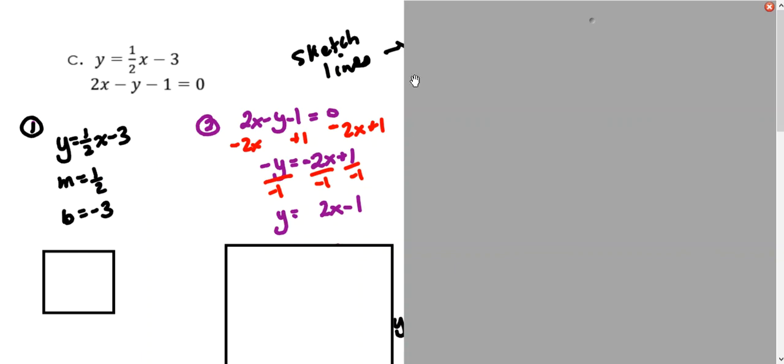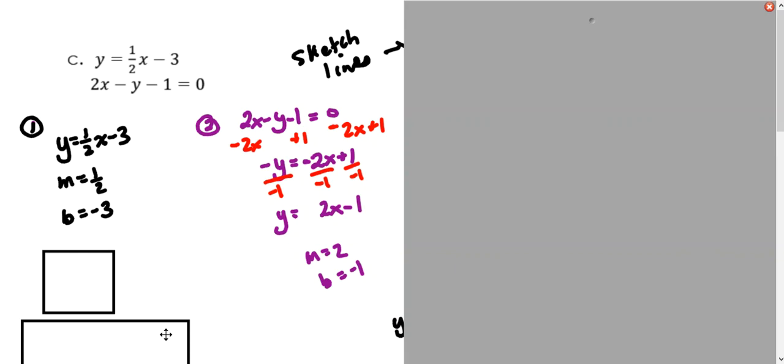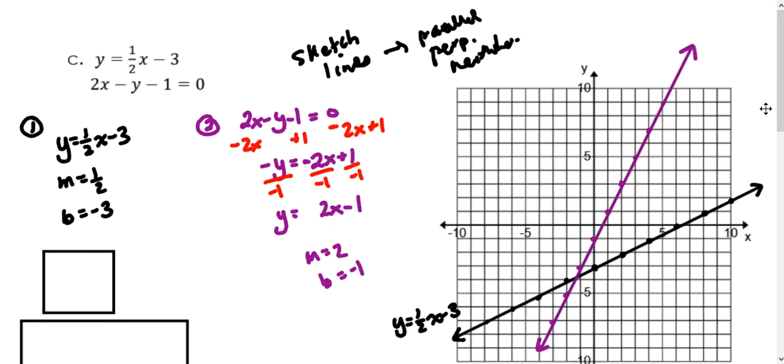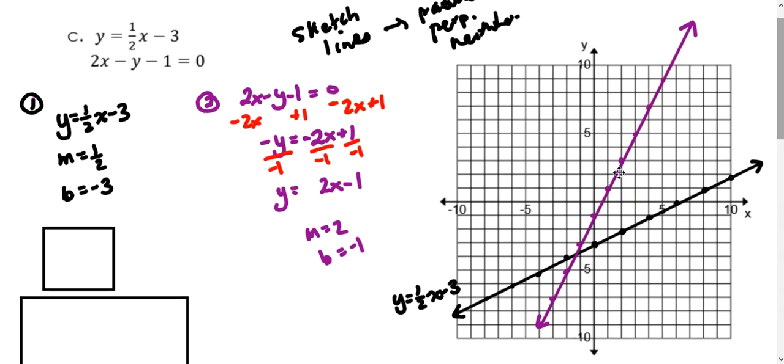So when I show you the graph here, those are definitely not negative reciprocals, or perpendicular, because it has to come with a negative slope on it.